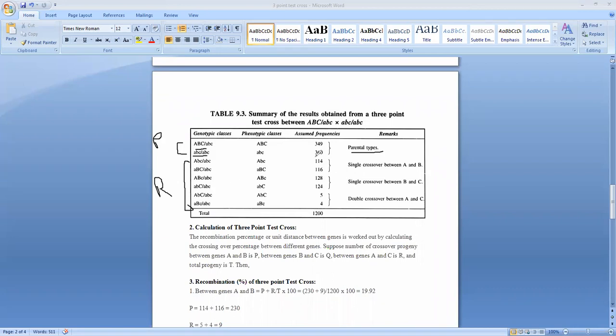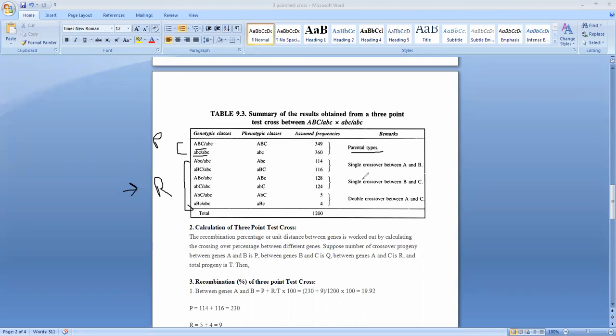You can easily see that this parental form is less than this recombinant form. The recombinant form is more, so we can easily say that there is crossing over. If crossing over is there, then only we are having these recombinants.